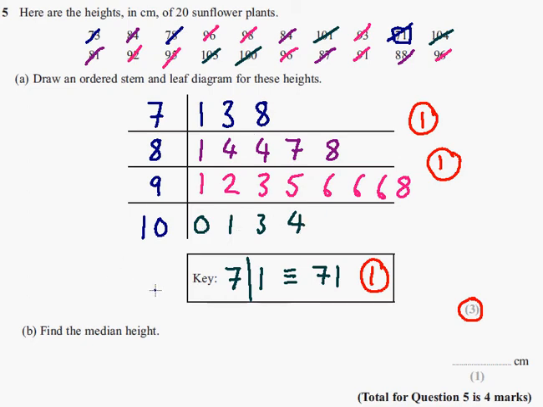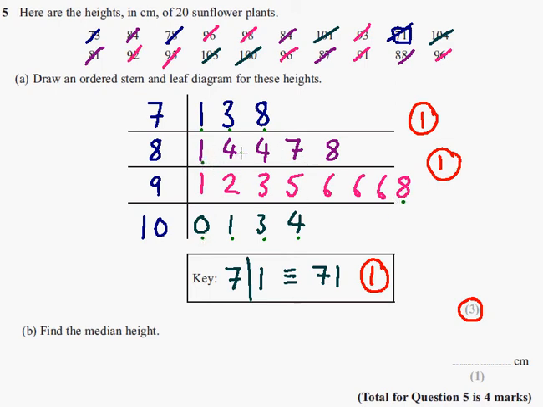So with the 20 bits of data, I want to find the one bang in the middle. The great thing about a stem and leaf diagram is it's already ordered for you. So you could do it the old-fashioned way, where you count down from either side. So that's smallest, that's the biggest. Second biggest, second smallest. Third biggest, third smallest. Fourth and fourth.